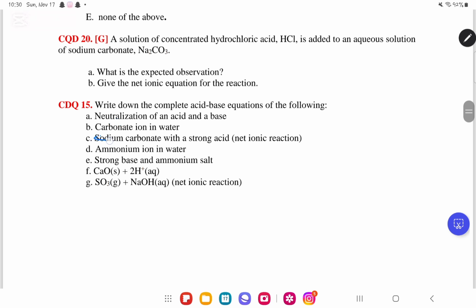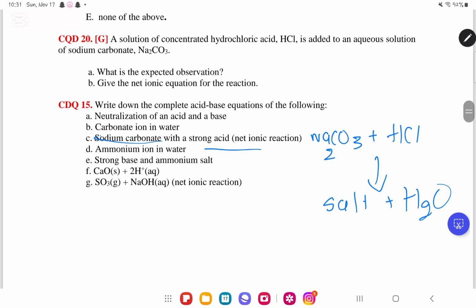Now we move on to sodium carbonate. It is a metal carbonate, which is a base reacting with a strong acid. Very simply, sodium carbonate is Na2CO3, in addition to a strong acid, let's say HCl. We know base plus acid gives us salt and water.